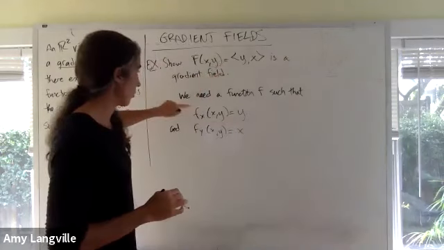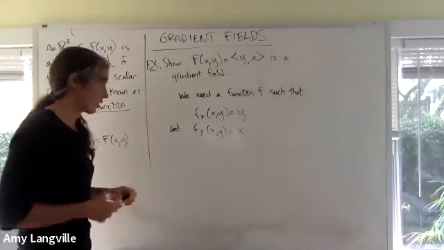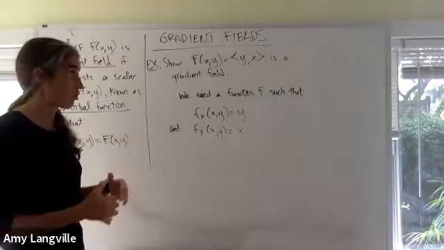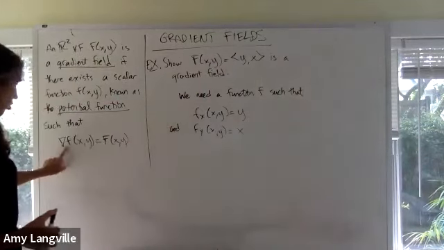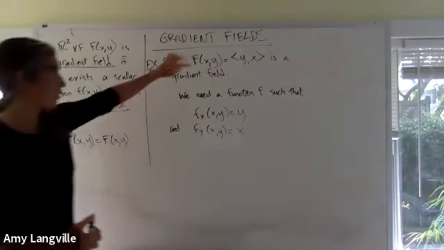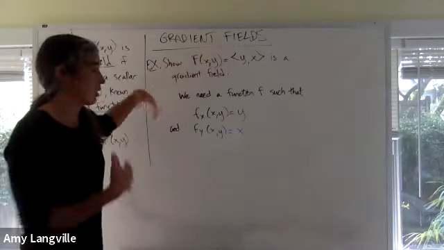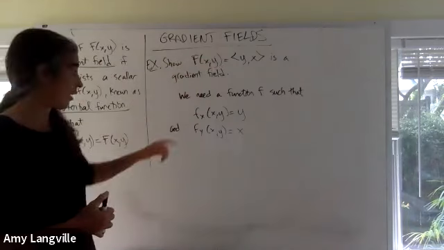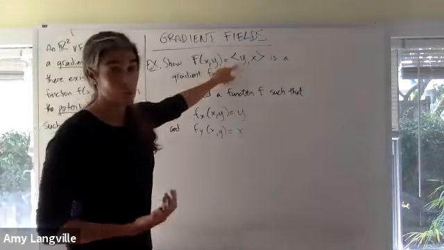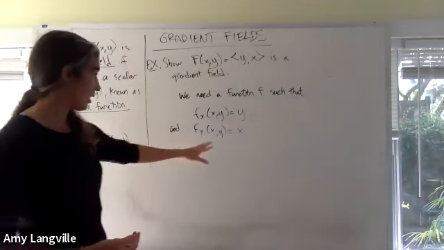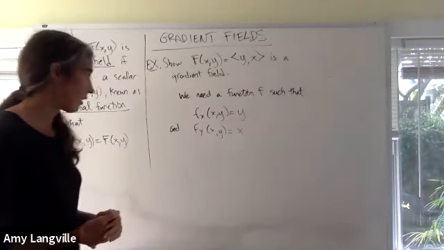That's what we're trying to get. We're trying to come up with some scalar function called the potential function. Does there exist a potential function such that the gradient of that is your vector field? So our vector field was given, so we want to say, is there some little f out there that, if I take the partial with respect to x, I get that first component of y, and if I take the partial with respect to y, I get the next component of x.